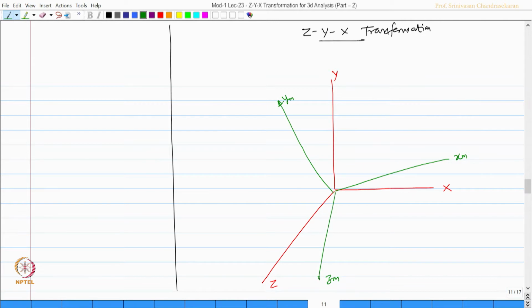Let us also mark the transformed axis of y lambda and z lambda.